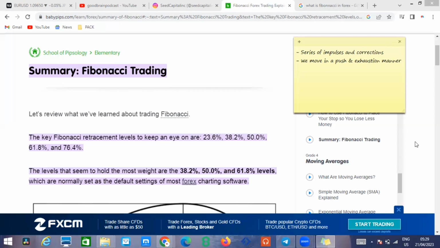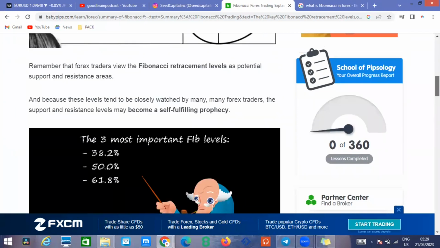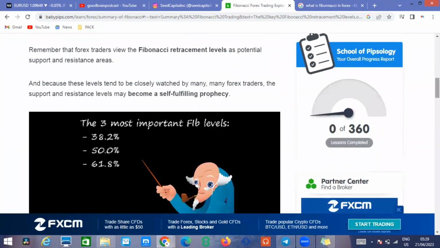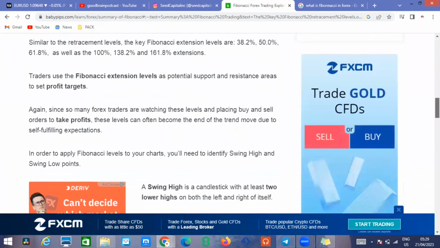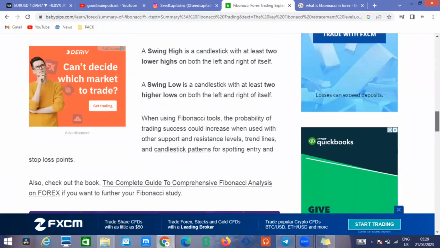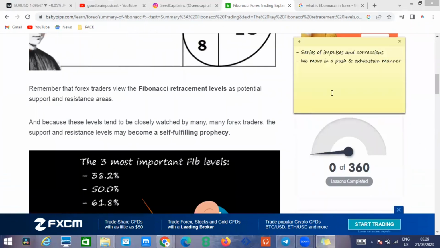The levels that seem to hold the most weight are the 38.2, 50.0 and 61.8 levels, which are the main levels that I use, right? On this website, if you want more knowledge and more gems about the Fibonacci, you can come and do some reading here.